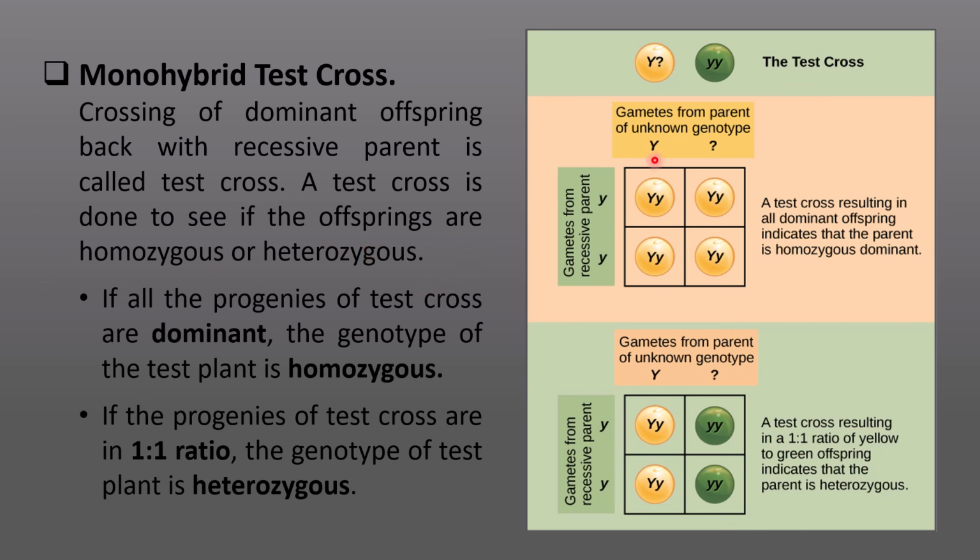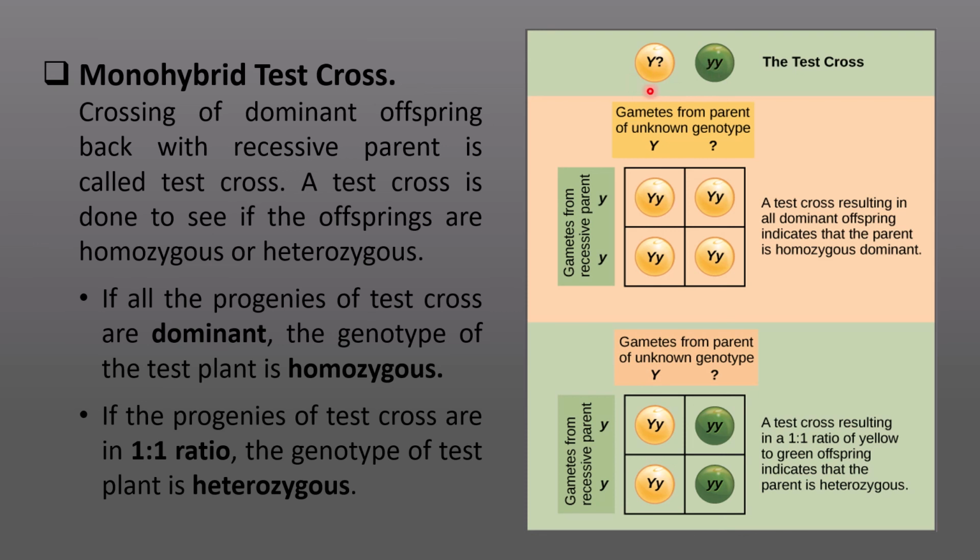See, there are two particular scenarios. In the first scenario, if the offspring are homozygous, that is, capital Y and capital Y, all the possible offspring are of one type. They are all dominant. Here it is yellow seed and green seed. Yellow is the dominant seed type and green is the recessive seed type.